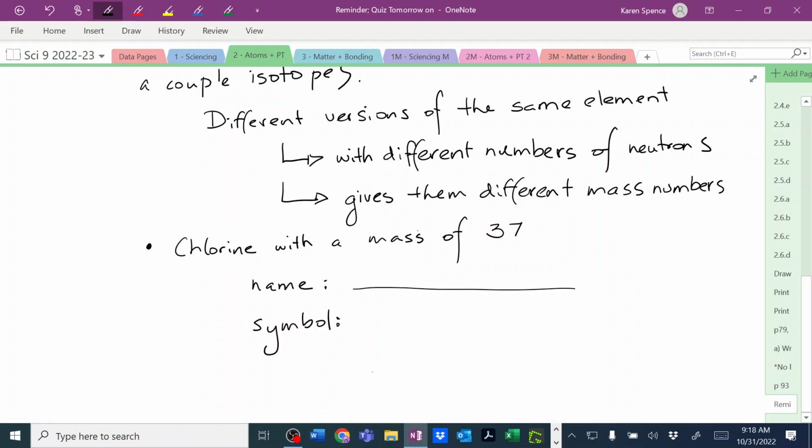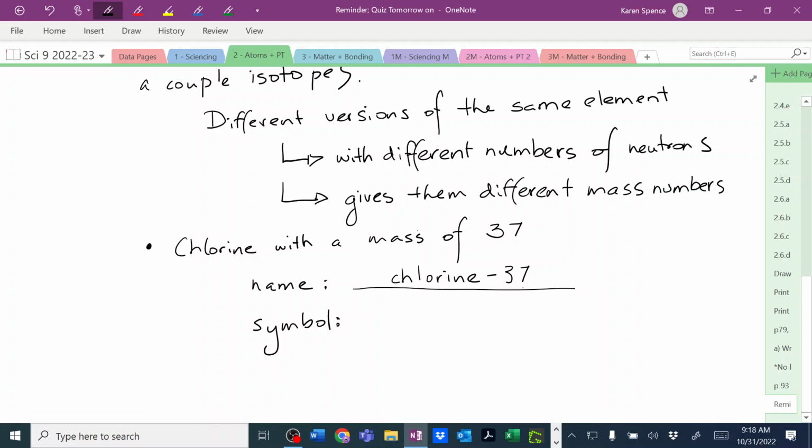So how do we write chlorine with a mass of 37? We write chlorine dash 37. And if you are asked to name an isotope, you must give the mass number.